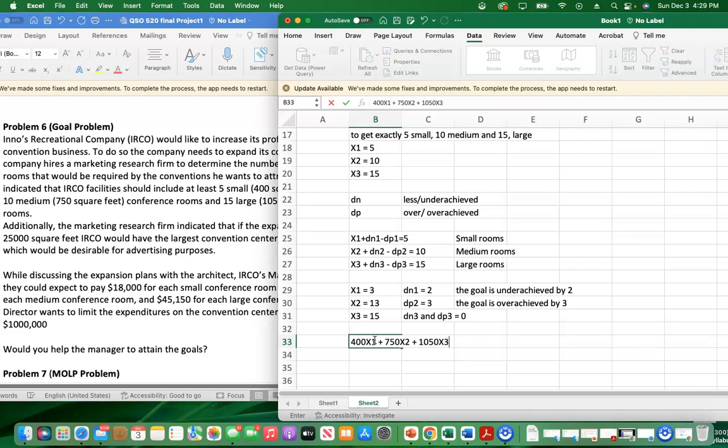But also we have to consider deviations in this case, and so we're going to add dn, and that is for goal number 4. So dn4 minus dp4, and that is equal to 25,000, and that's the square feet or square footage.